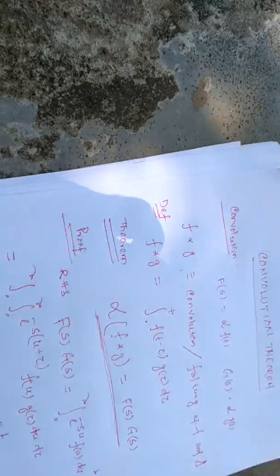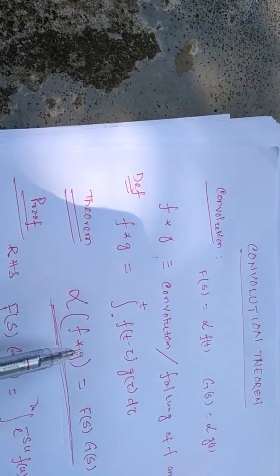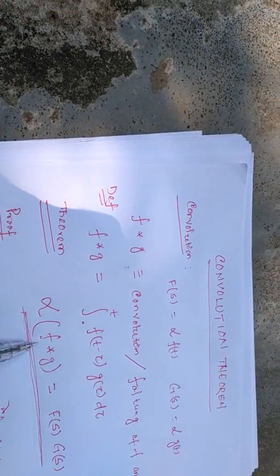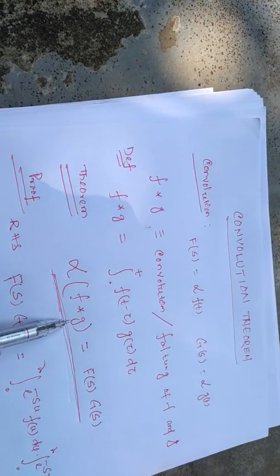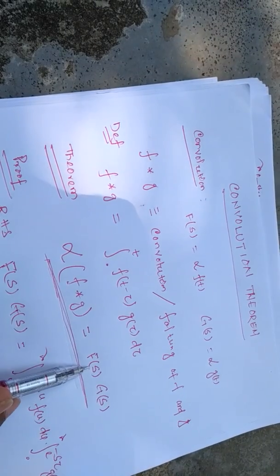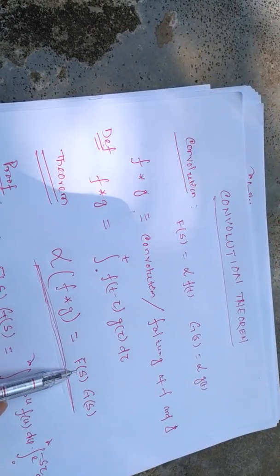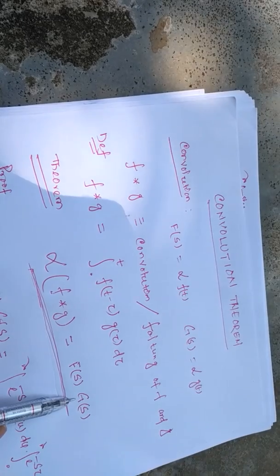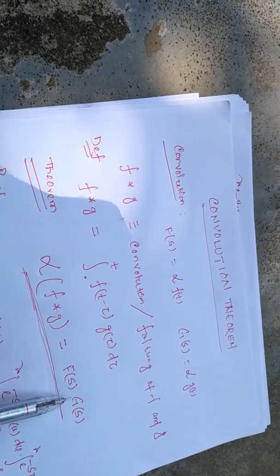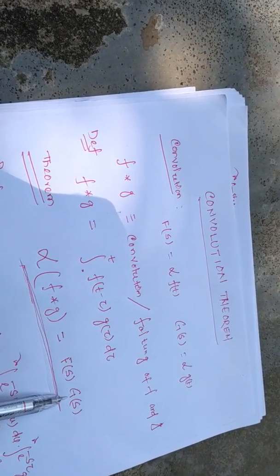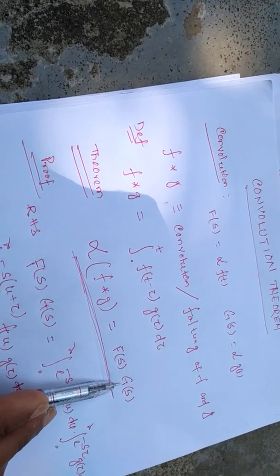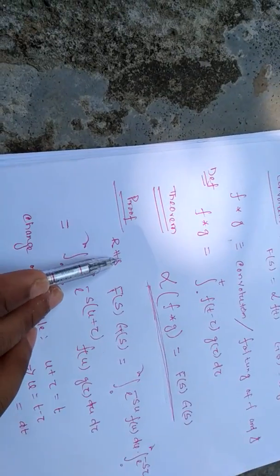The statement of the theorem is: the Laplace transform of the convolution of two functions f and g is the product of the Laplace transforms of the functions f and g, that is, the Laplace transform of small f, which is capital F, and of small g, which is capital G. So now I am proving the theorem.